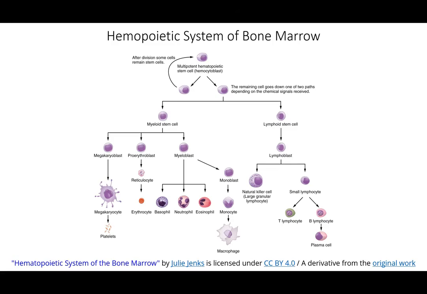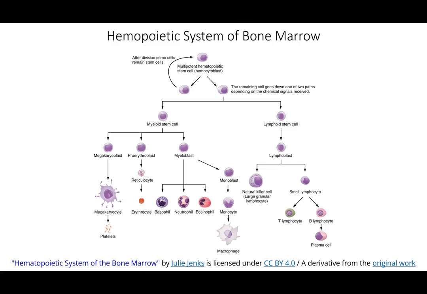This is called extramedullary hematopoiesis, so blood development outside of that medullary cavity of the adult bones. And so that's usually only going to happen if there is something wrong with the bone marrow itself, but it's not really going to be able to generate the number of cells actually needed.